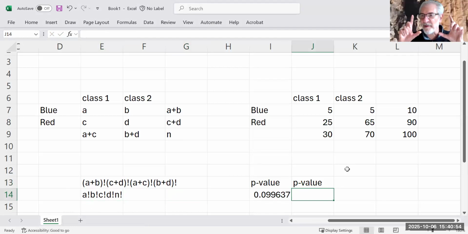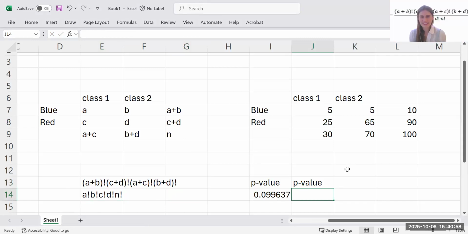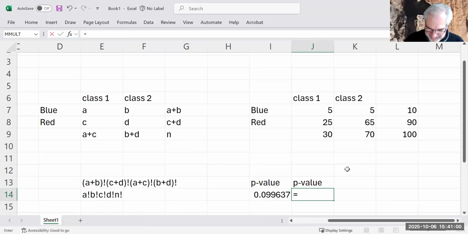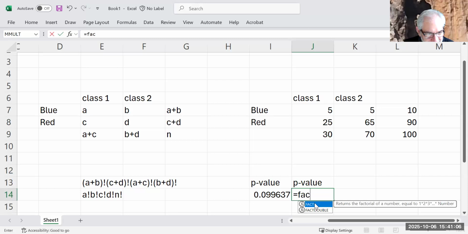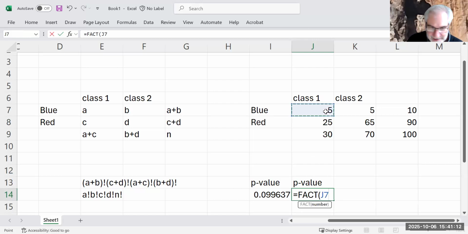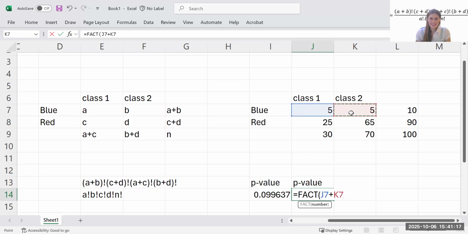As soon as I make a false move, yell out. So equals, open paren, fact, A plus B. This one plus this one.